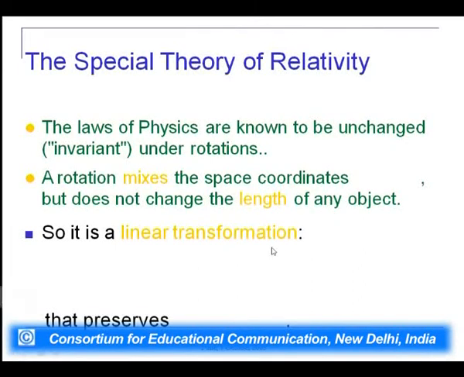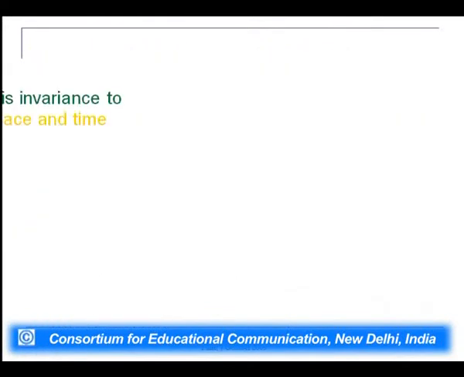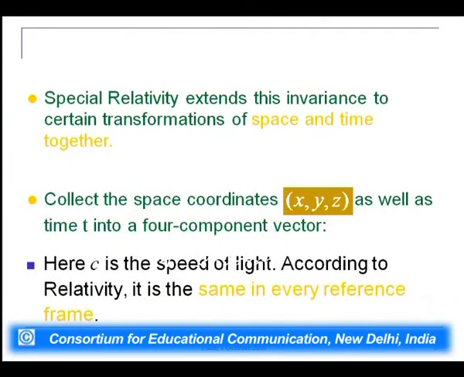So it is the linear transformation. He defined the linear transformation. In the next concept, he defined that spatial relativity extends this invariance to certain transformations of space and time together.